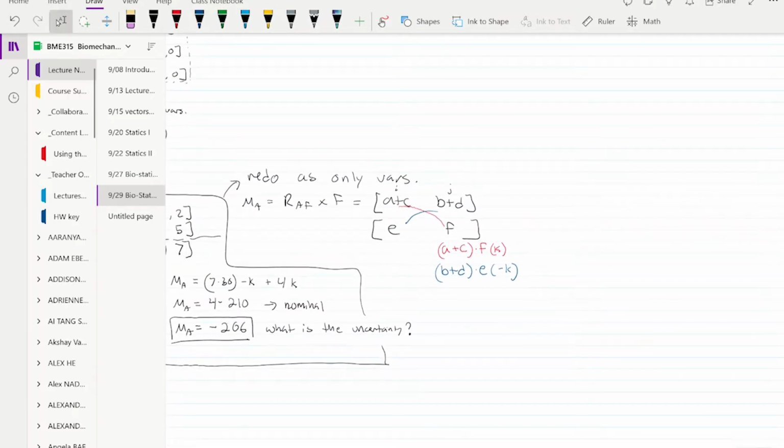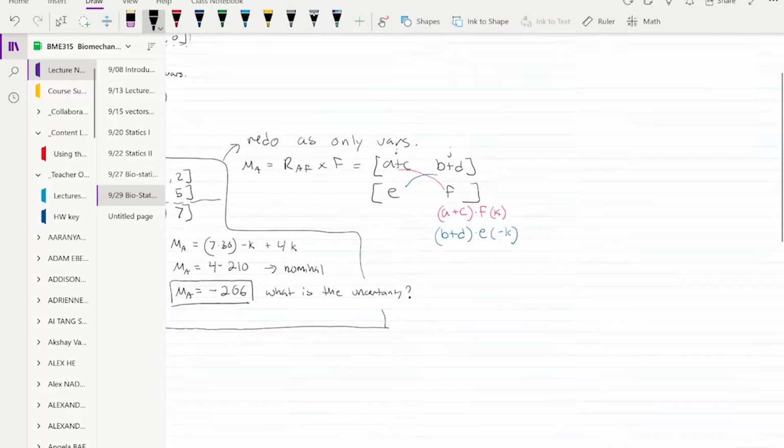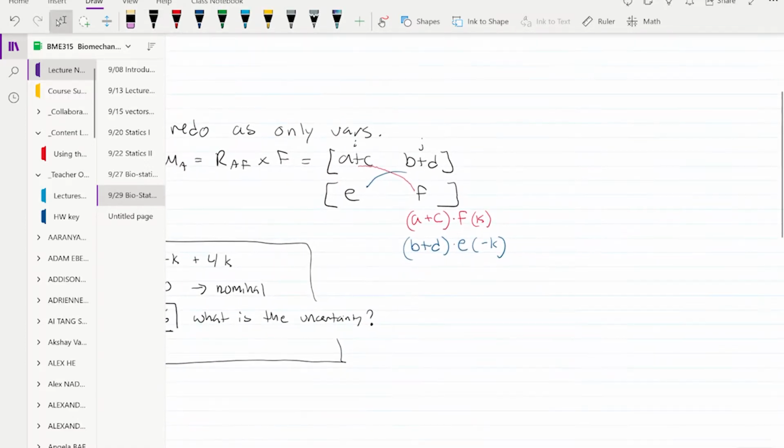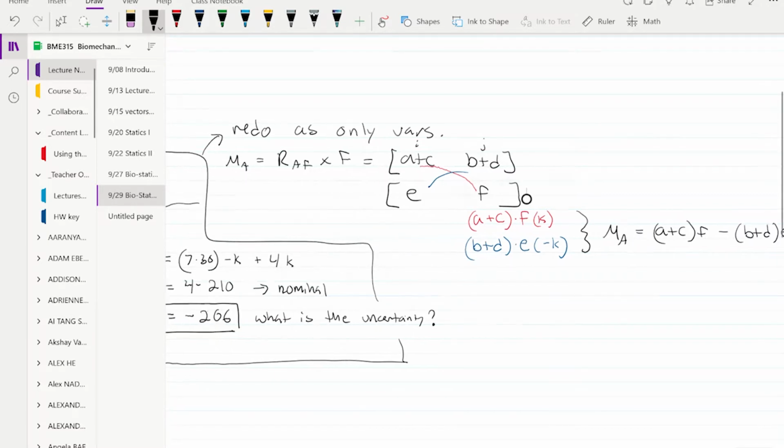So those are pretty easy equations, no big deal. If we wanted to find the uncertainty in the K direction, we need to do the summation of the K's. So we get the moment about A is equal to (A plus C) F minus (B plus D) E. Cool.